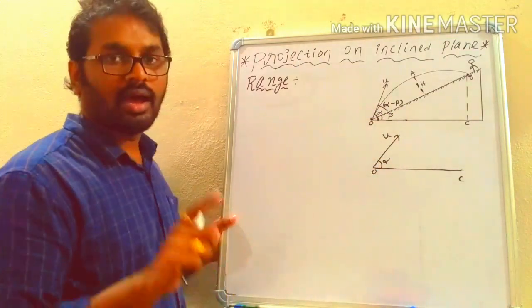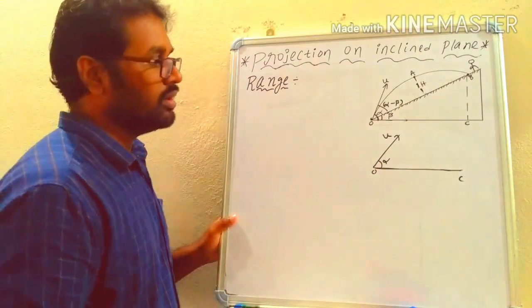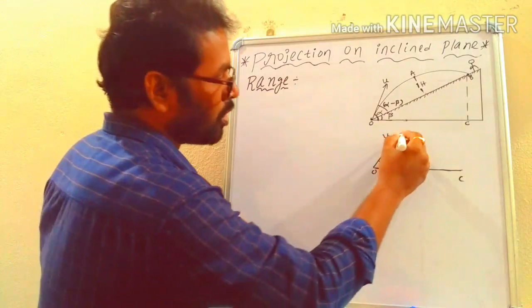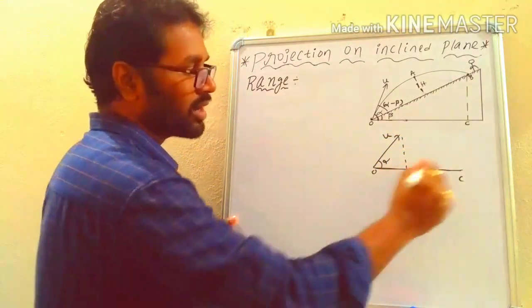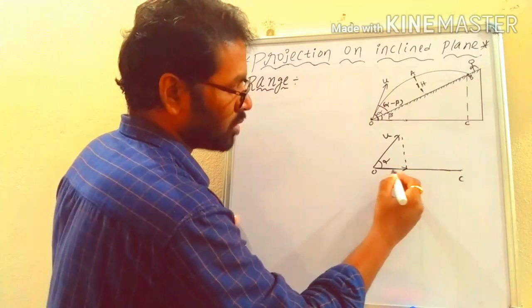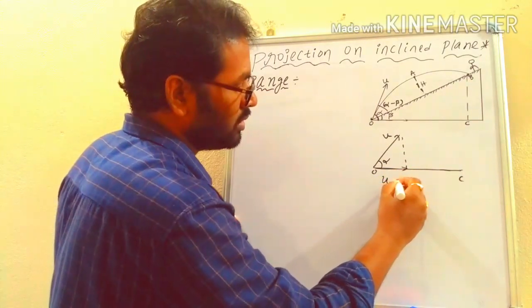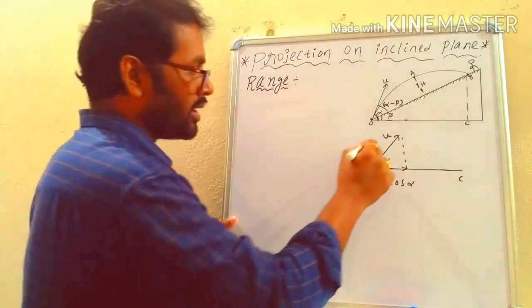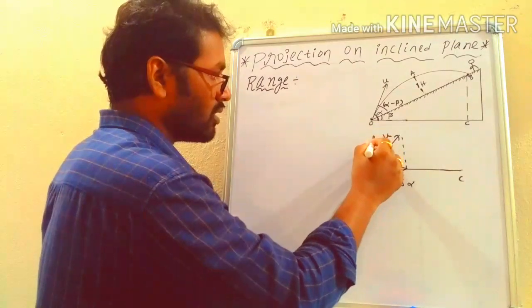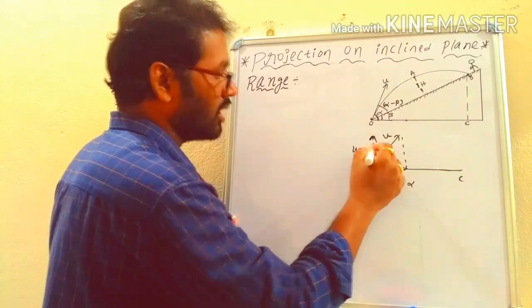So alpha is the angle between u and the ground. Now divide this into two components. Along the OC axis, or the ground axis, the horizontal component of velocity is u cos alpha, and the vertical component of velocity is u sin alpha.